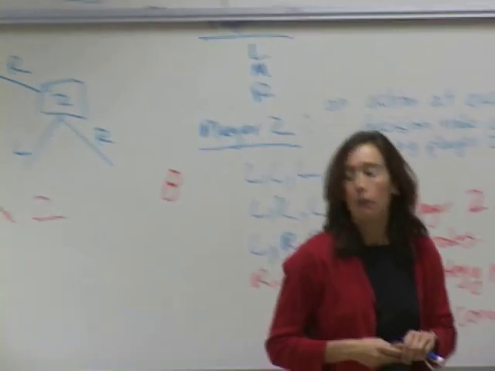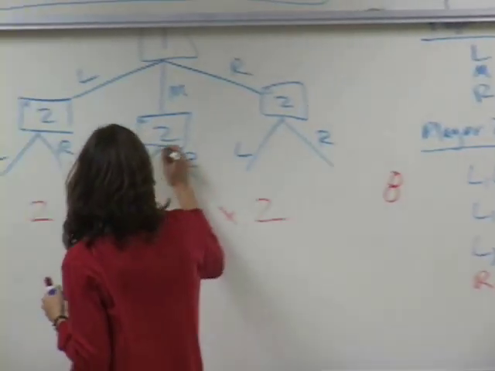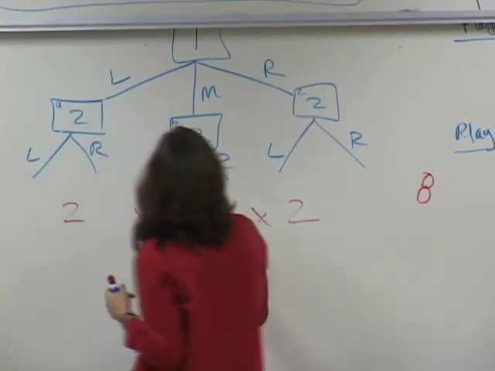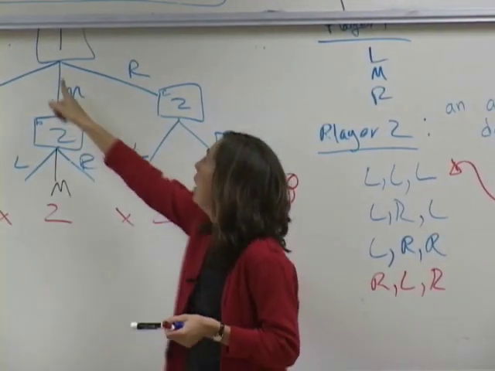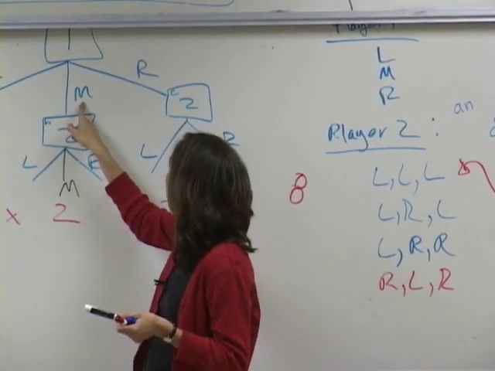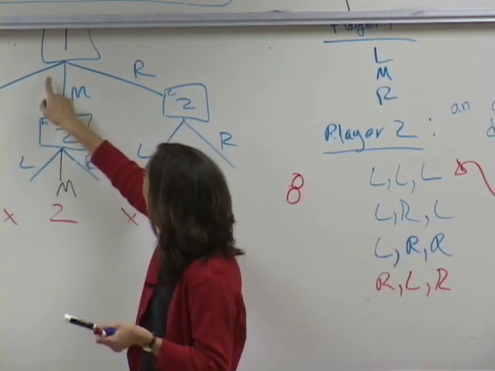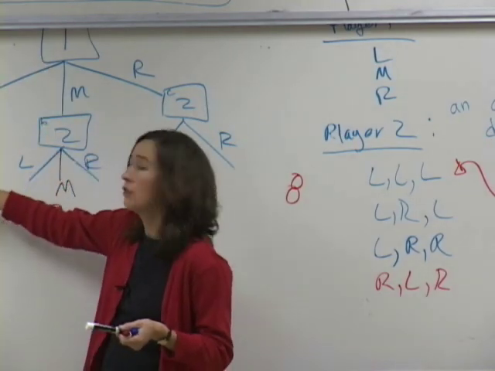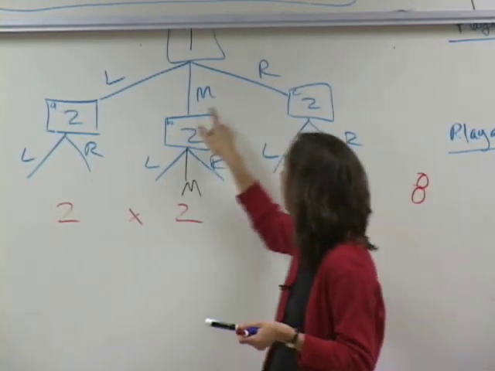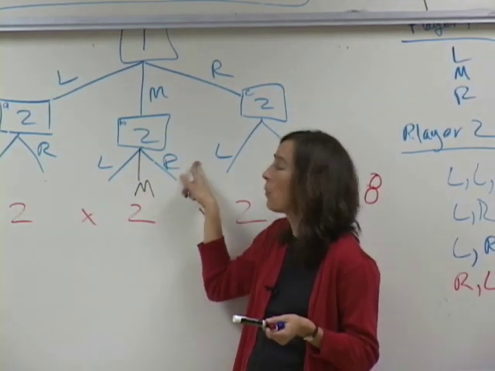Okay. If we, switching to black here, added middle here. Now I'm making kind of a very funky game. One can choose left, middle, or right. If one chooses left, 2 can choose left or right. If one chooses middle, 2 can choose left, middle, or right.